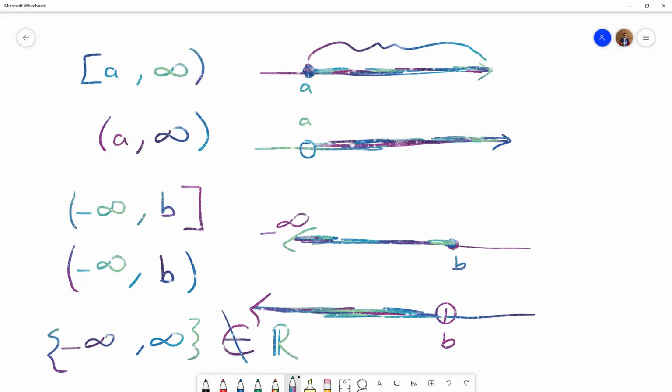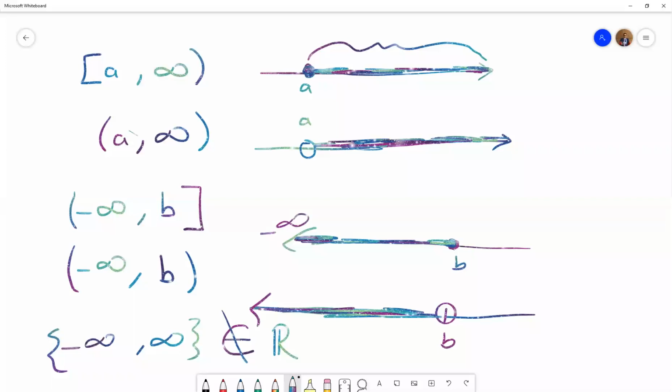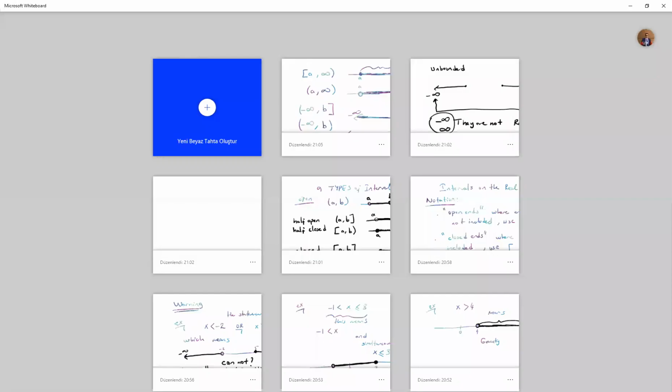Yes, let's continue on another page. Now let's rewrite maybe the previous examples.